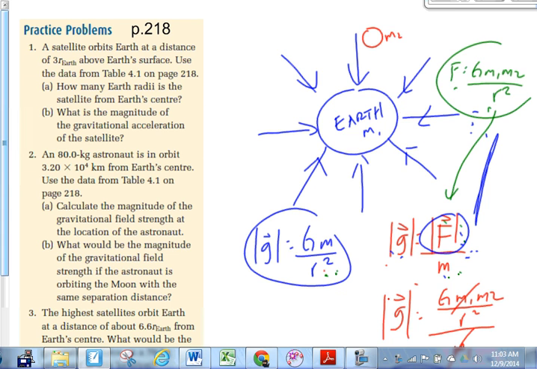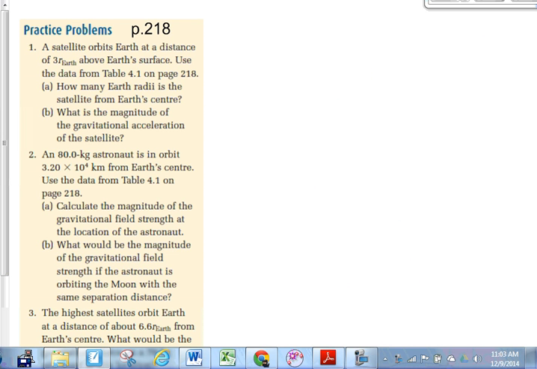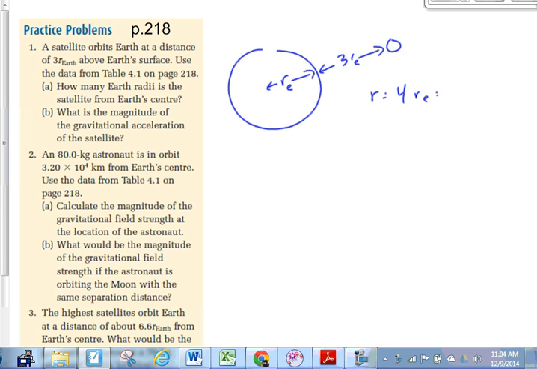Numbers 1, 2, and 3 here on page 218. Number 1 says a satellite orbits Earth at a distance of 3 times the radius of the Earth above the Earth's surface. Here's the Earth, here's the radius of the Earth, and then the satellite is 3 times the radius of the Earth above the surface. So basically the value of r that we want to use here is 4 times the radius of the Earth, which is 4 times, I believe it's 6.38 times 10 to the 6.